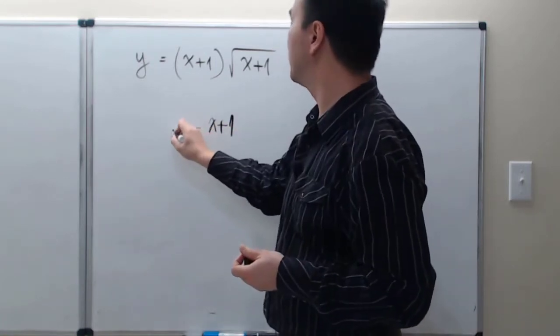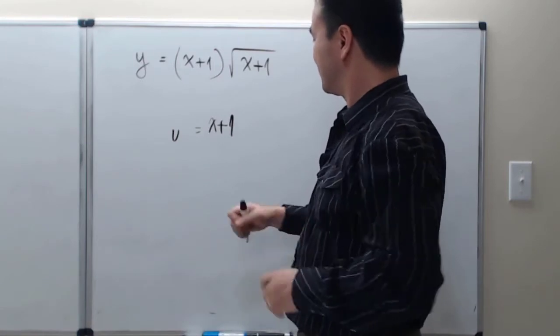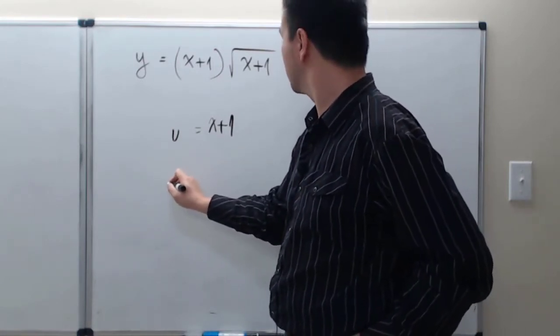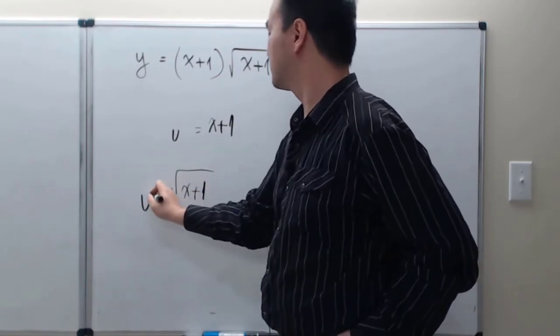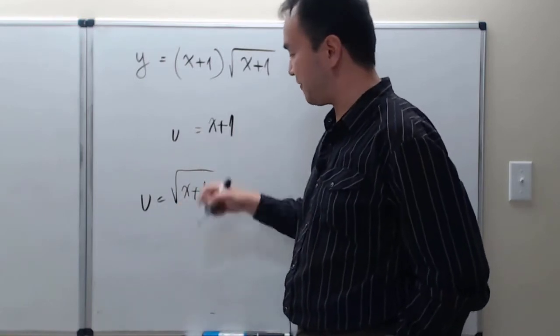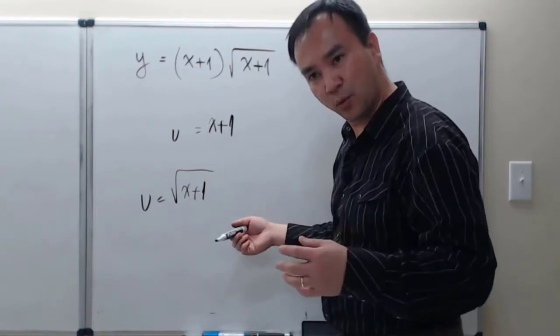That's one way. Or we can substitute the entire square root of x plus 1 for u, and that can also be an inside function. There can be a few other ways as well.